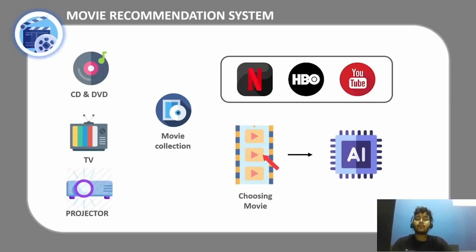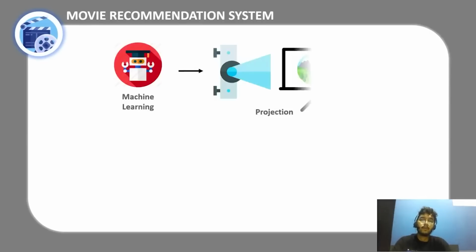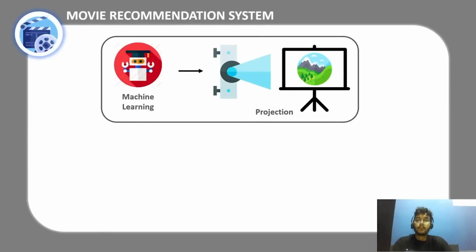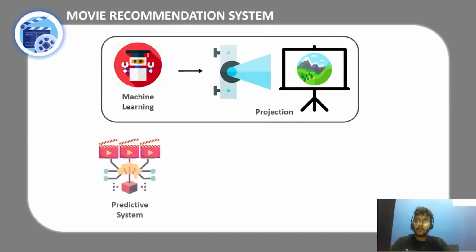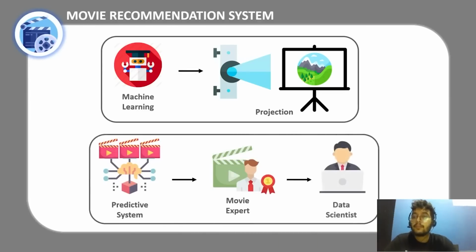Well, that is no longer a concern for you. It is finally time for machine learning to put its skills on display in the modern cinematic landscape. To create advanced predictive system for true movie expert, data scientists are prepared to investigate our behavioral patterns and those of movies.